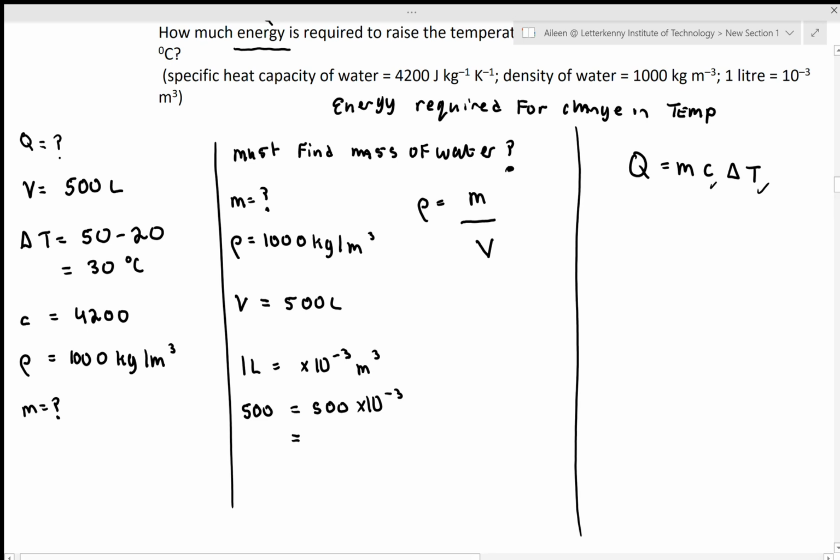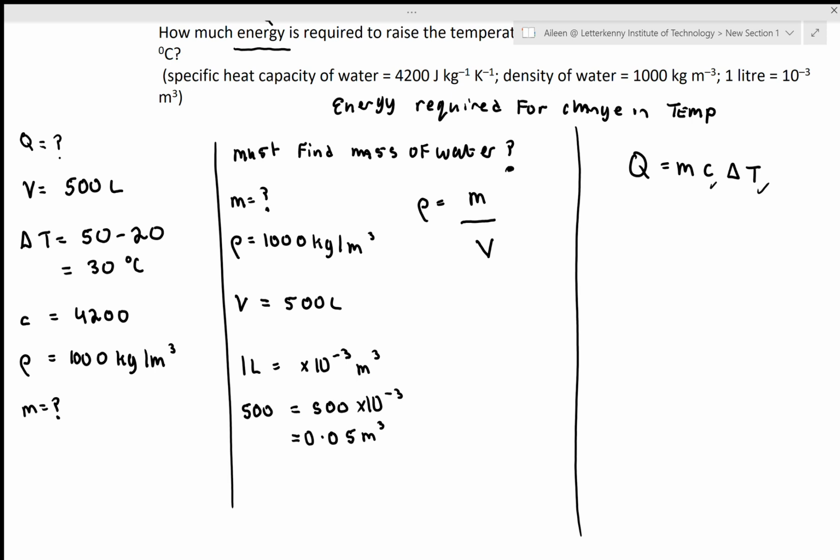So my volume is equal to 0.5 meters cubed. Okay, so to convert my value from litres into meters cubed, I multiply it by 10 to the negative 3.